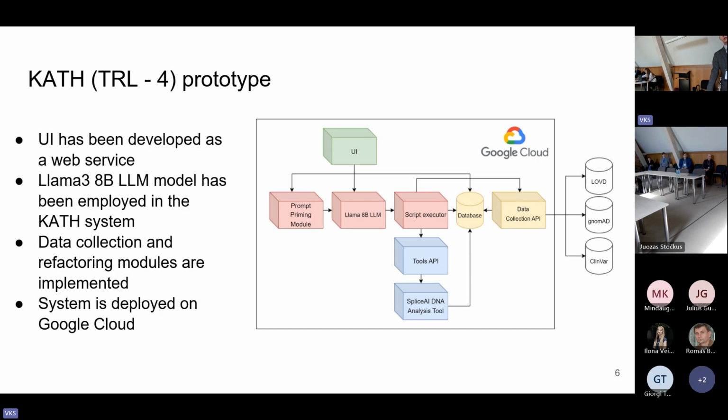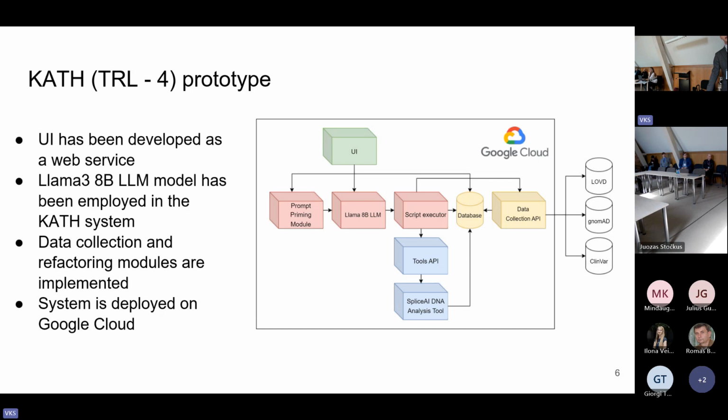Currently, we integrated SpliceAI analysis for the DNA tool, and the data collection module is refreshed each time while we are integrating more tools. But already we can store, collect, and refactor all data from public DNA databases such as LOVD, gnomAD, and ClinVar that were requested by Harvard.